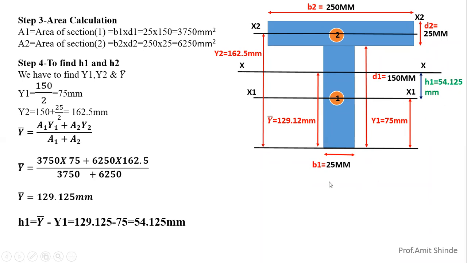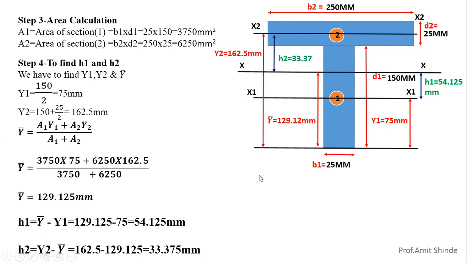Similarly h2 is y2 minus y bar, the difference of these two, and you'll be getting h2 as 33.375 millimeter. h1 and h2 are the distances measured from the centroidal axis to the x1 axis and from the centroidal axis to the x2 axis, which we have found here.